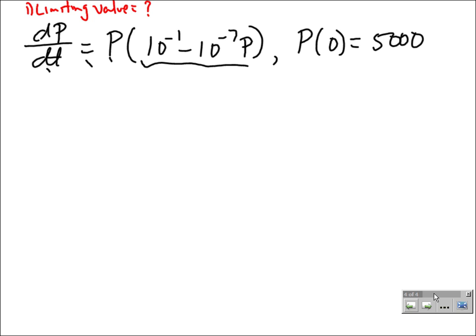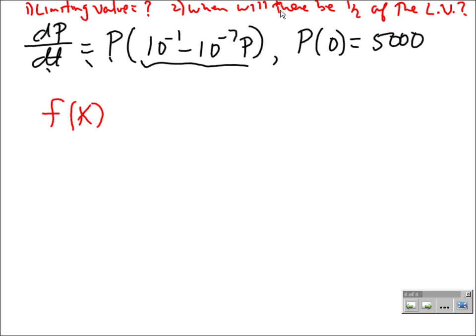Okay, and number two will be, when will there be half of the limiting value? Now, what is the limiting value? Well, the limiting value is when f of some value gives you 0. That's the limiting value, the k. What do you take f of to get 0?